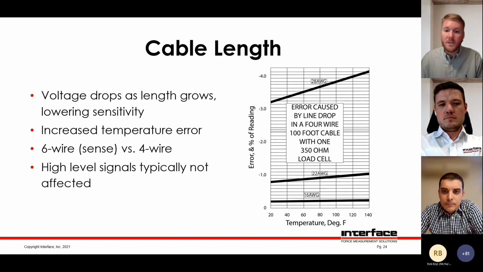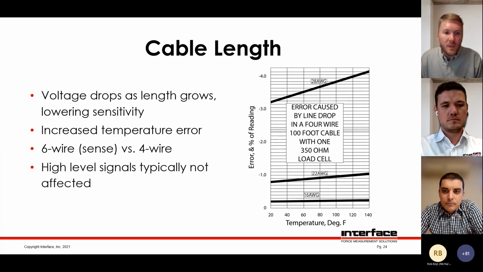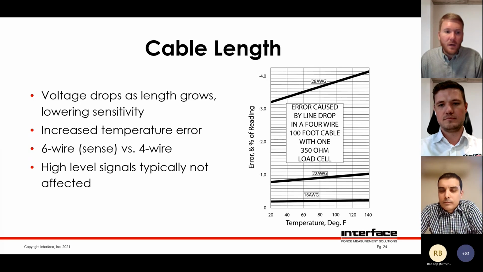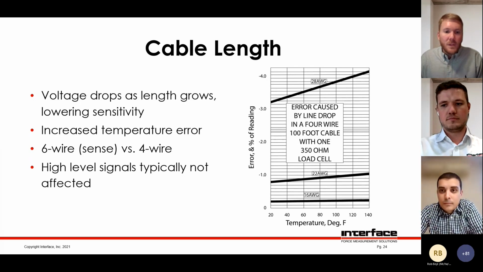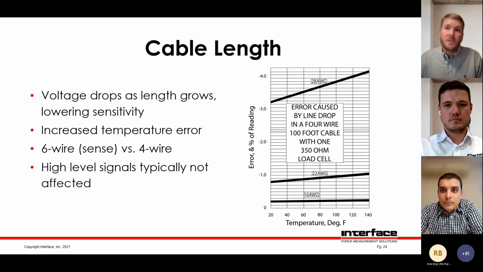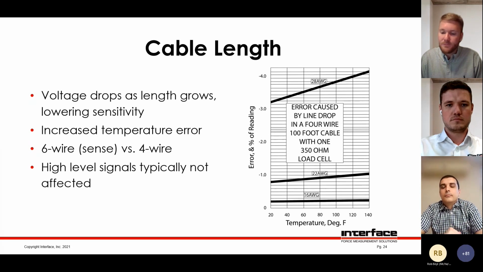Sense wire is the additional 2 wires that Rob touched on that can be added, which can take into account and correct the amount of signal at the load cell. Like I said, if your cable run is longer than what is typically found in the field, these sense wires have certainly helped solve some unexpected errors that we've seen.